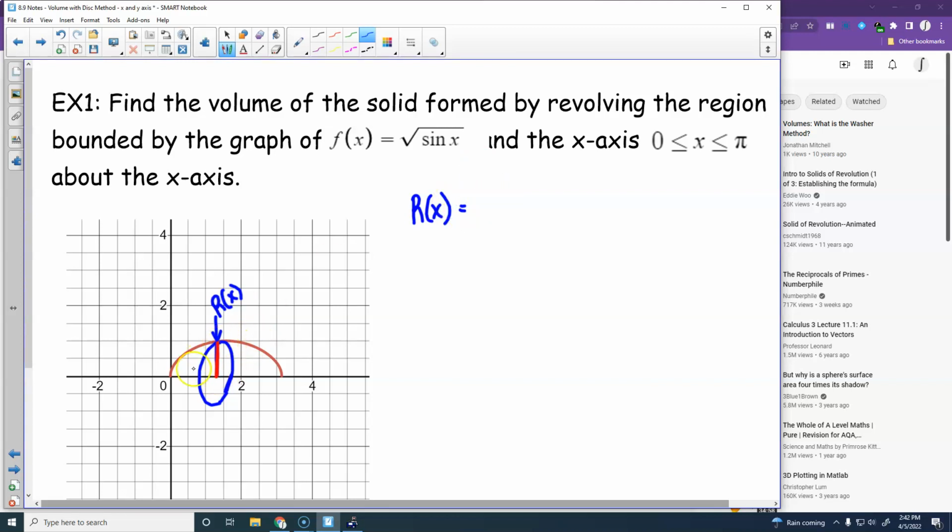So the top equation is the square root of sine x. And then the bottom equation would just be 0, so you don't really have to write that. So we would be using the formula pi r squared. You can put the pi on the inside or the outside of the integral.